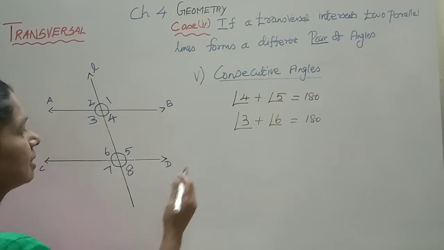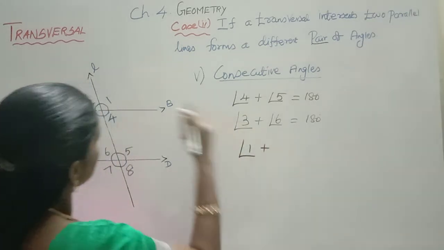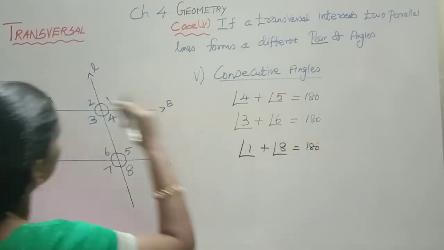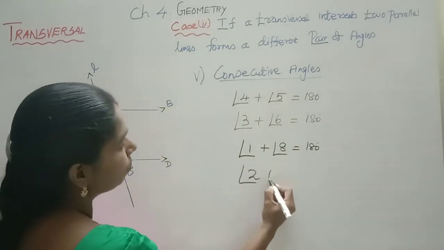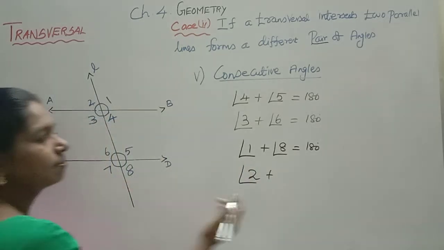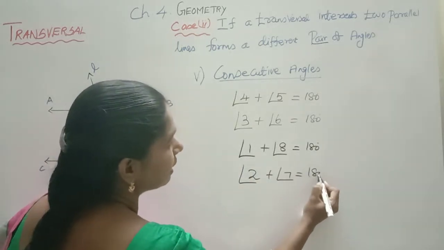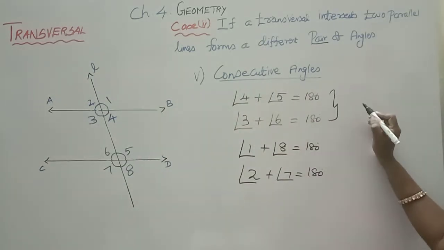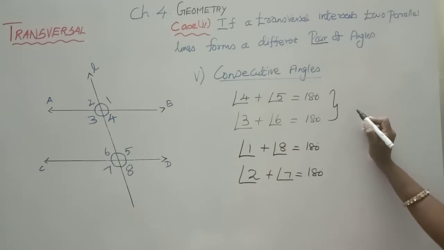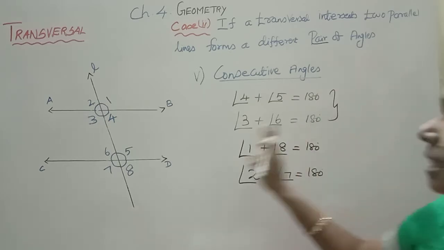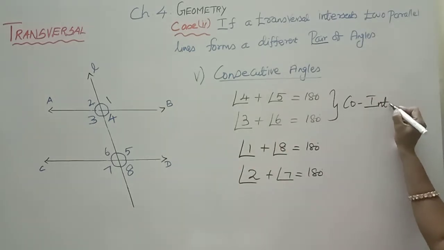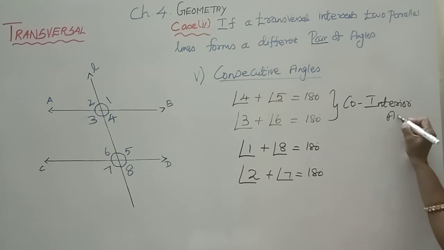And exterior pairs are angle 1 plus angle 8, angle 2 plus angle 7, each equal to 180 degrees. Another name is co-interior angles. These two are co-interior angles and their sum will be 180 degrees.